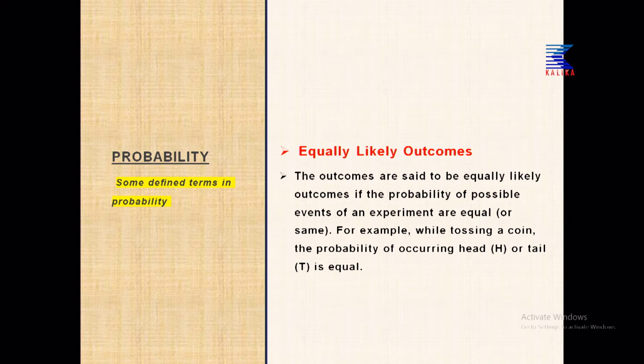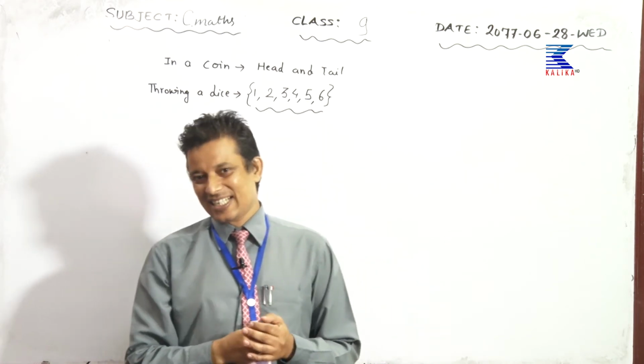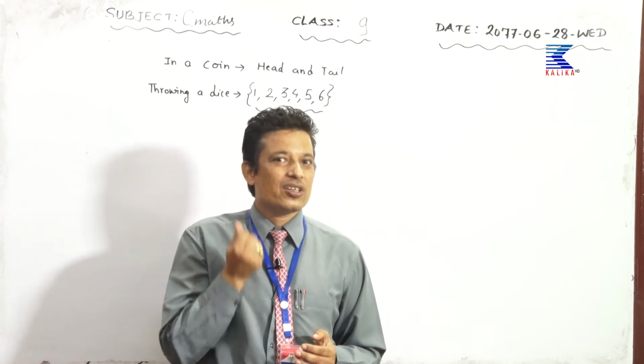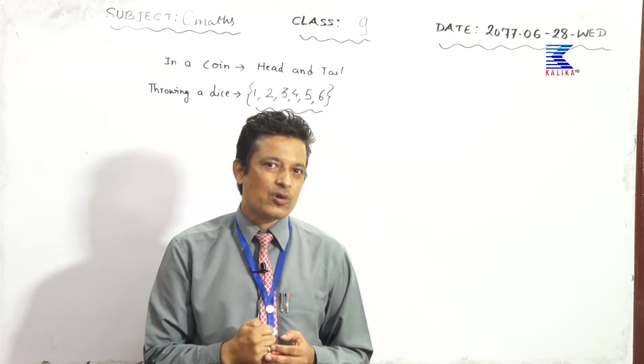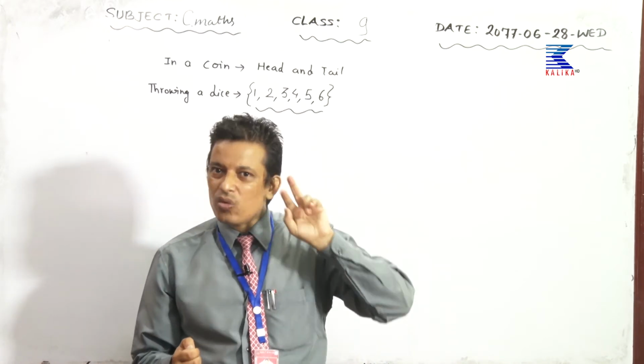So, dear student, let me again explain it. Look at the coin, please. Yes, as you have just studied, this is a coin. I toss. There are two possible outcomes, one tail and one head.